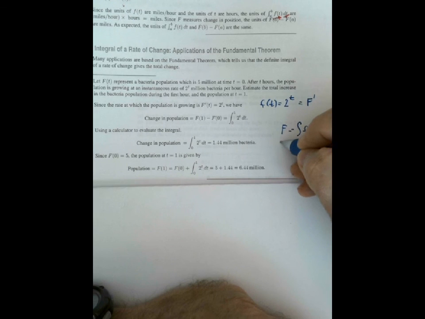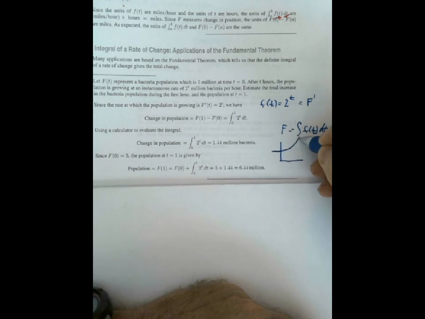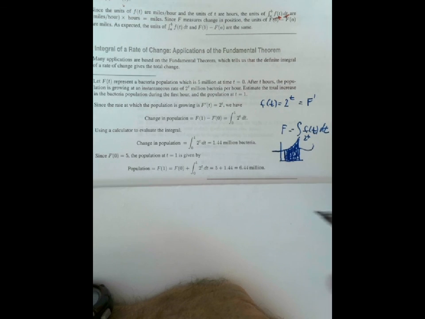So that would look something like this. That's 2 to the t, and we just calculated the area under the curve, which is the total population. So that's what integrals do. They calculate totals, knowing growth rates. Among other things, that's what they do, and there are many, many applications for that.